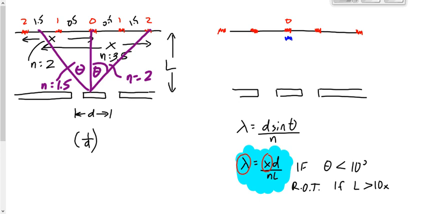Now, when I go from red light to blue light, what's happening to lambda? Am I increasing lambda or decreasing lambda? I'm increasing, when I go from red to blue, not the wavelength, but the frequency, increasing frequency.